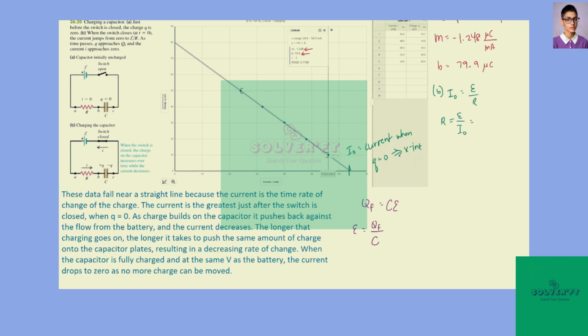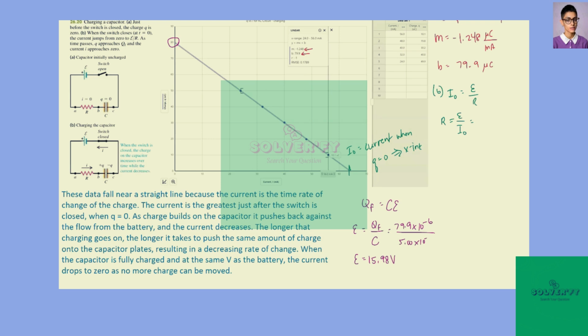Well, the final charge is just what we're looking at when current has dropped to 0. And that's going to also be the same as our y-intercept. And so that was 79.9 microcoulombs, so I need to put it as 10 to the negative 6, divided by a capacitance of 5 times 10 to the negative 6 farads. So that gives me an EMF of 15.98 volts.